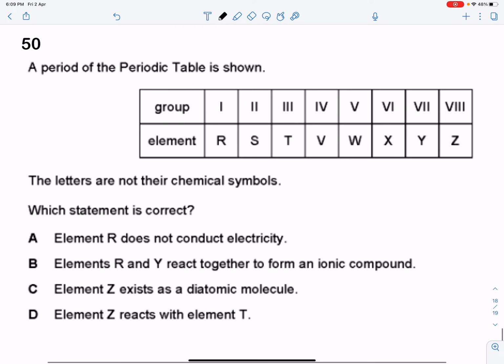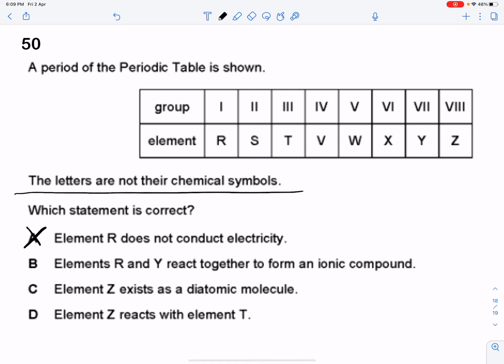50. Period of the periodic table is shown. The letters are not their chemical symbols. Important. That's why it's important to read the question. Which statement is correct? Element R does not conduct electricity. Well, that's nonsense because it's in group 1. So group 1 metals do conduct electricity. Element R and Y react together to form an ionic compound.